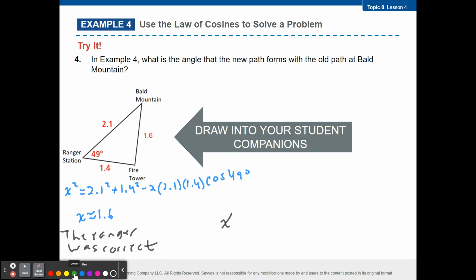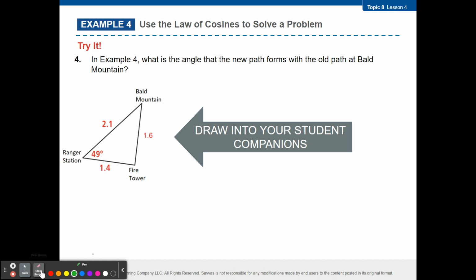What angle are we trying to find? Are we trying to find this one? Or are we trying to find the one by the fire tower? Which one, guys? Emma? Bald Mountain, yeah. So we're finding this.